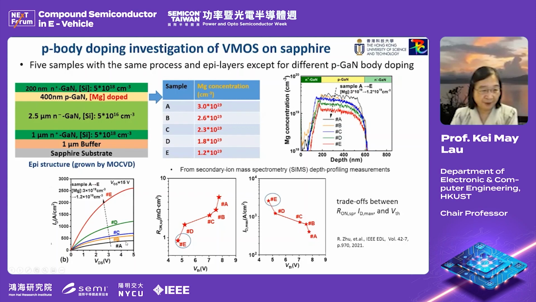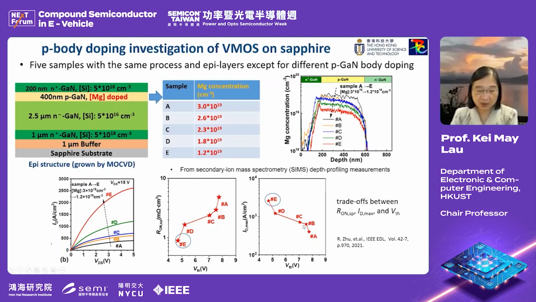What we found is that for the 5 samples we have, there's a huge difference in the drain current, and also the threshold voltage. And then you will have to choose whether you want a high threshold voltage or a high ID max.